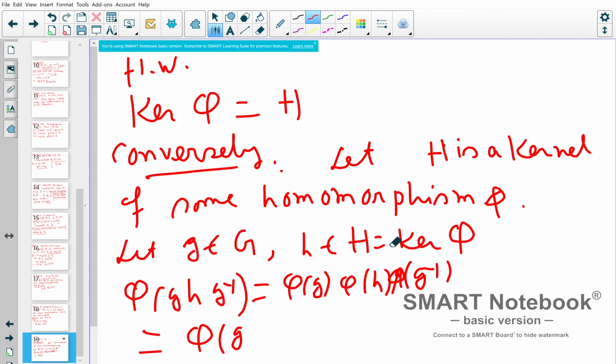But see, h belongs to the kernel, so that means phi of h equals 1, right? And this part gets cancelled, so you have phi g and phi g inverse, which is again equal to 1, identity.